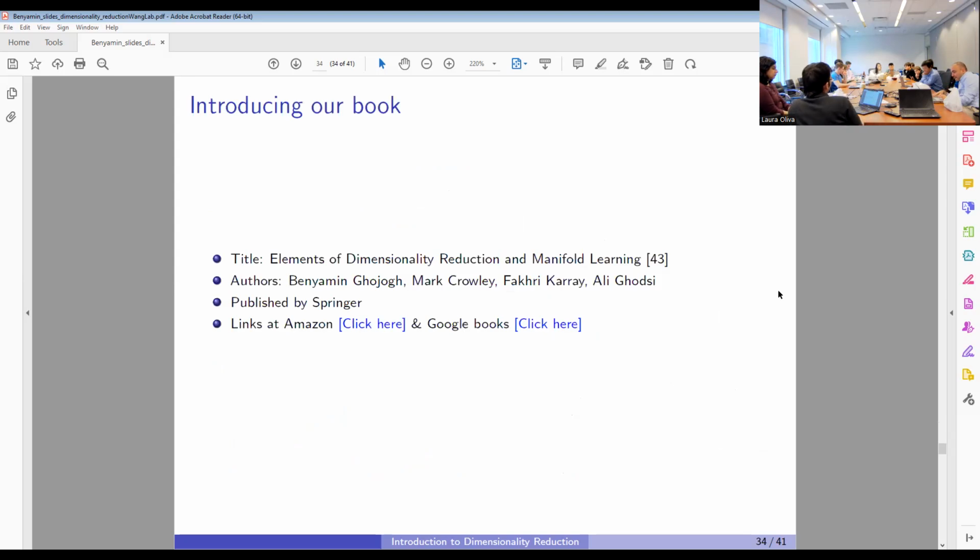Finally, our book is called Elements of Dimensionality Reduction and Manifold Learning. It's written by me, Mark Crowley, Fakhri Karay, and Ali Qudsi, and it's published by Springer. You can find it at Amazon, Google Books, and these places. It has preliminaries first, after the introduction, on linear algebra, optimization, and kernels.